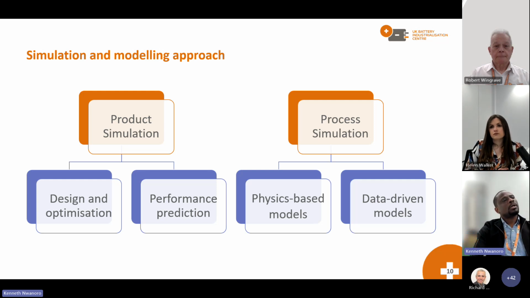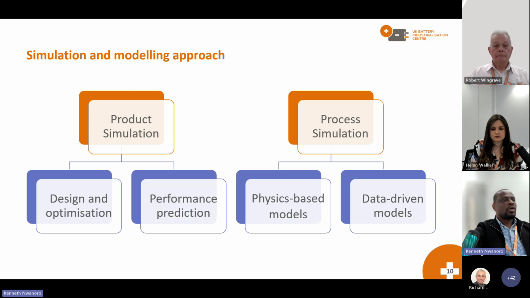The simulation activities are divided into two categories. So we have the product simulation, and that heavily involves performing design and optimization and performance predictions of our products. Our products can range from cells of different formats, that's cylindrical, pouch, and prismatic cells of different sizes, and when they are also assembled into module and pack.